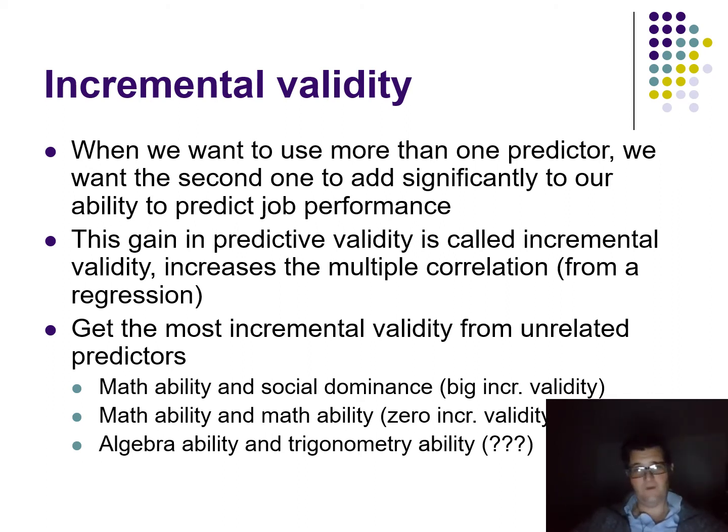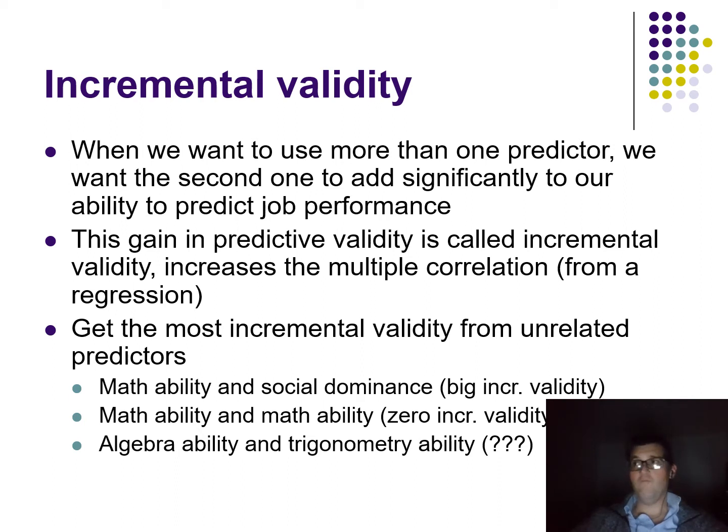So the other thing to keep in mind is this concept of incremental validity. When we want to use more than one predictor, we want the second one to add significantly to our ability to predict job performance. So the idea basically is that we are going to try to combine unique pieces of information, unique with respect to the outcome that we want to predict.